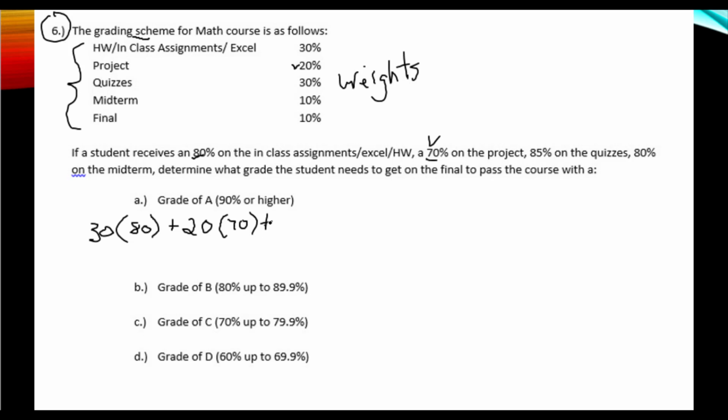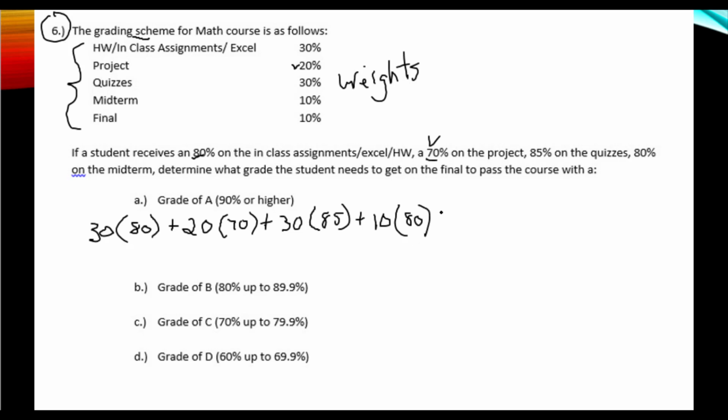Plus 30% of the weight of my grade, which is the quizzes. I got an 85. Plus 10% of my grade is based on the midterm, and I got an 80, or you got an 80.